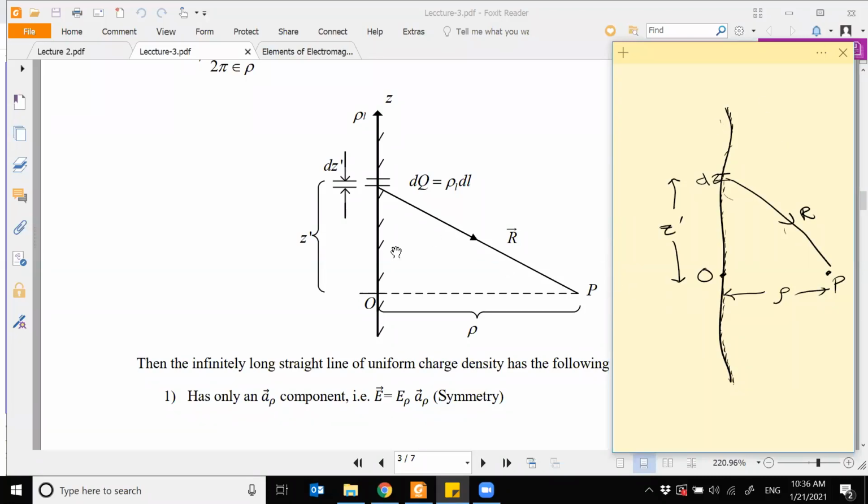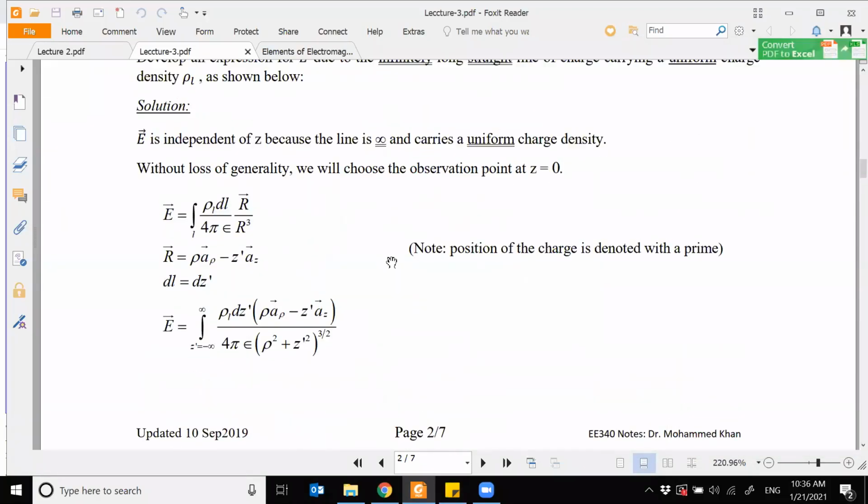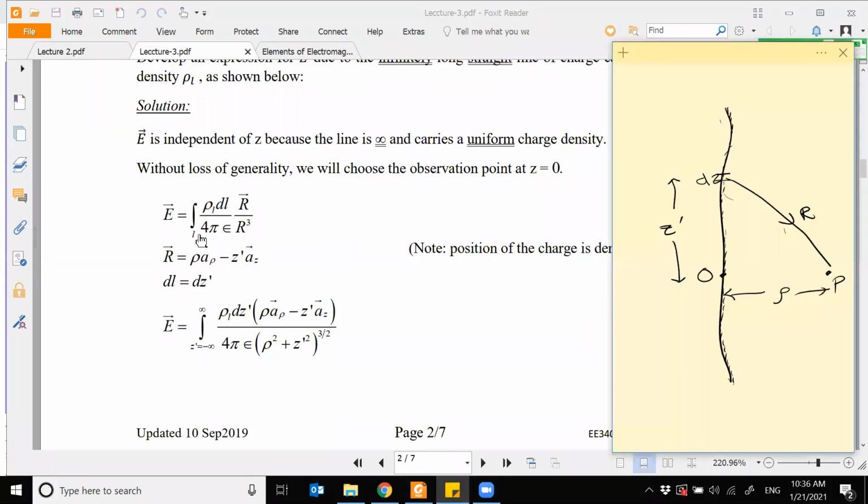Okay, now if you see here, let's start. So what we are doing. So this is my electric field expression: electric field E is the integral over L of rho L dl over 4 pi epsilon r squared times r hat, that is r bar over r. Okay, now we need to find this distance vector r.